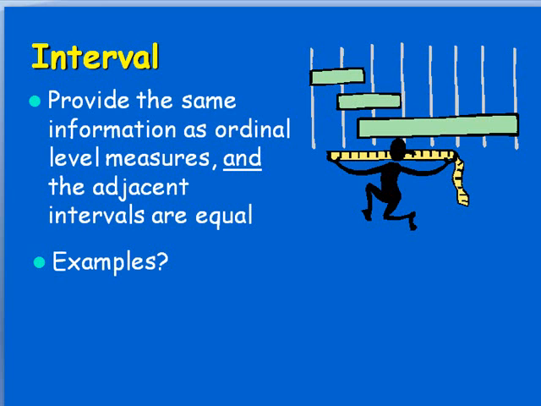The one example is temperature. Temperature, the degree of heat between 20 degrees and 30 degrees is the same as between 70 and 80 degrees. The intervals are equal.